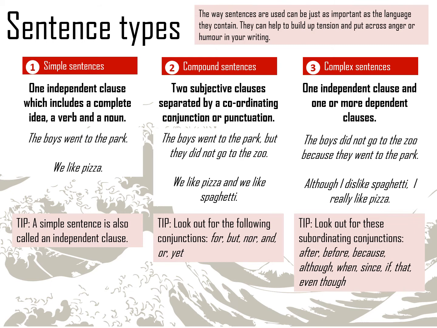Words like although, before, because, when, since, if, that, even though, they are all what we call subordinating conjunctions. What that means is that if you add those words to an independent clause, it becomes a dependent clause.